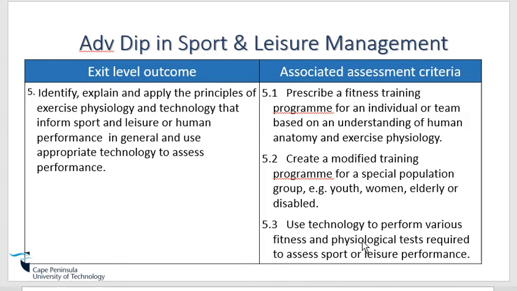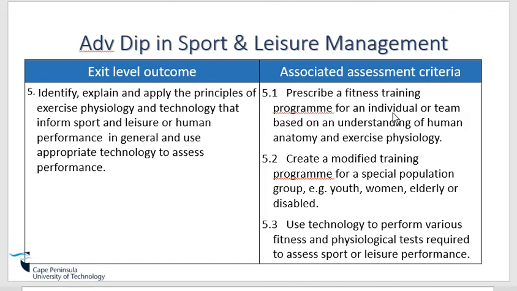Now, I want you to note, please, every single outcome that is mentioned here appears in the associated assessment criteria. Each one of these criteria addresses the learning outcome directly. What I often see is learning outcomes that are very general and vague, and then a whole lot of assessment criteria that actually don't speak to the learning outcome at all.